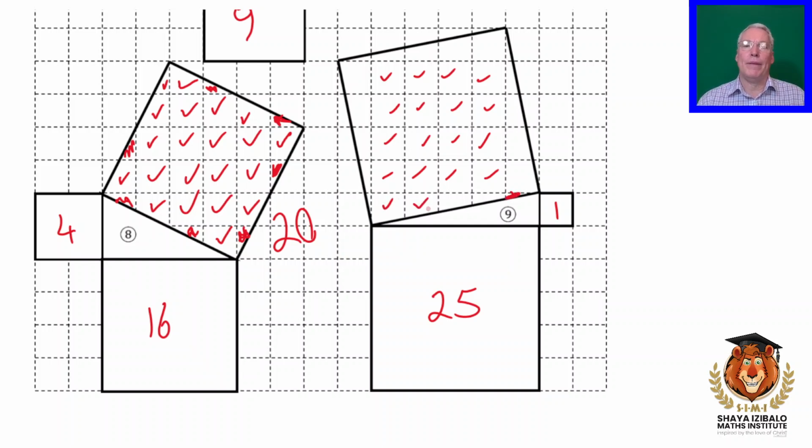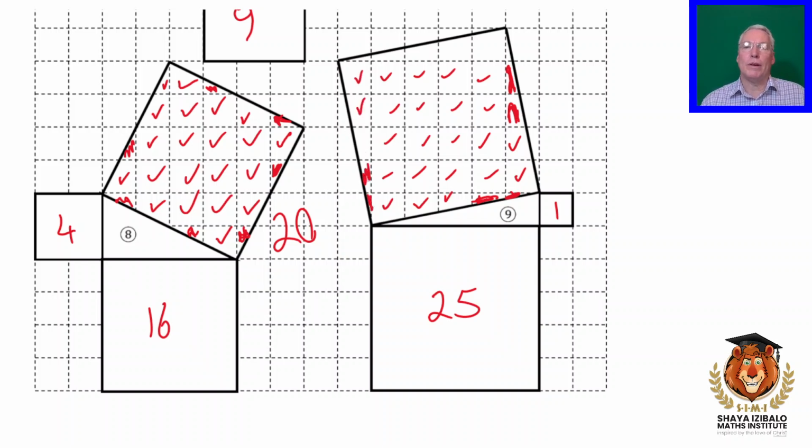This with that piece over there will make 18. This with that piece over there will make 19, and this with that piece over there will make 20. Okay, so then we've got 20. This with that piece, 21.